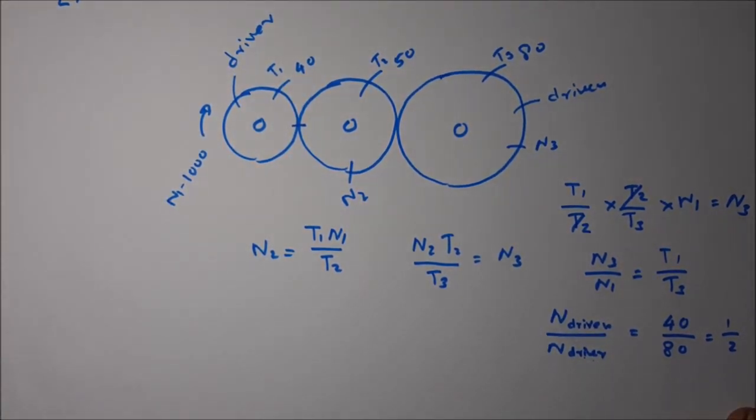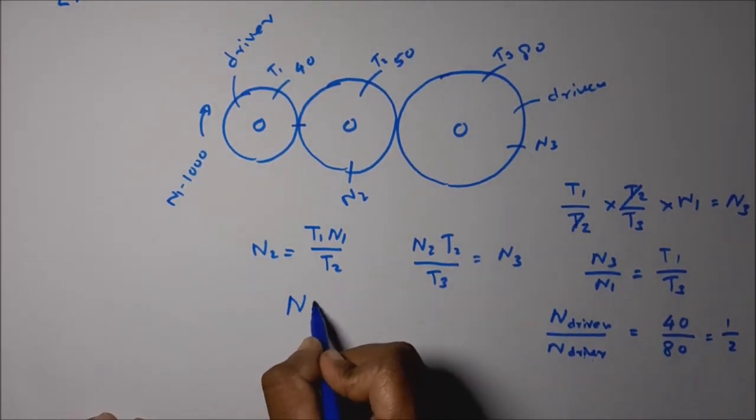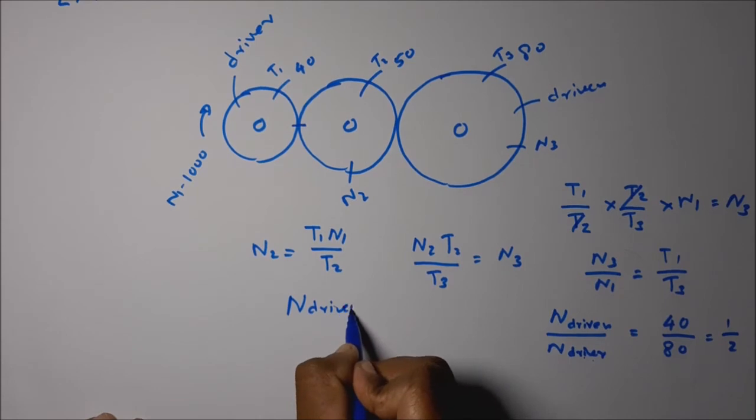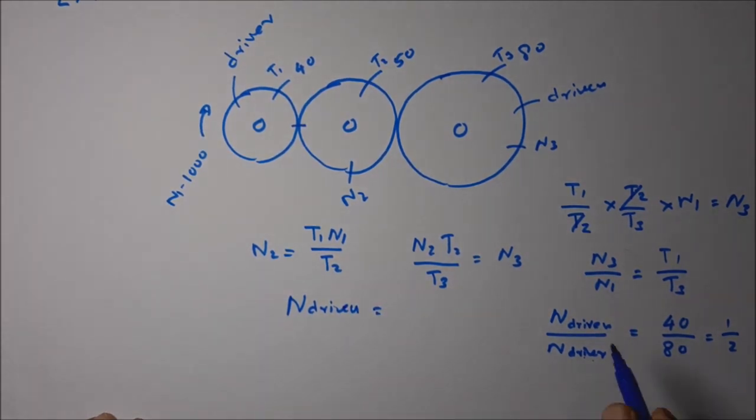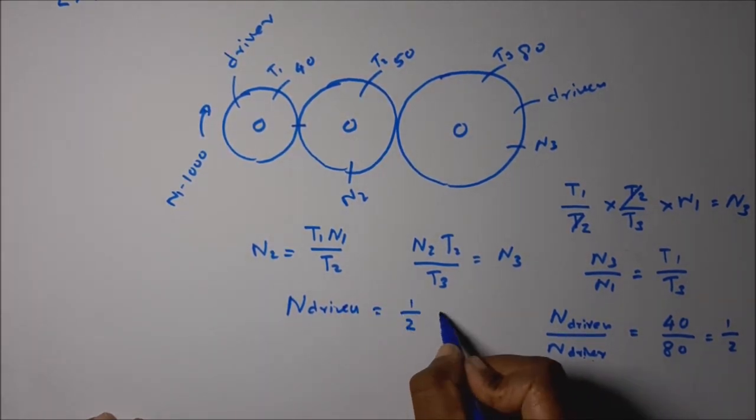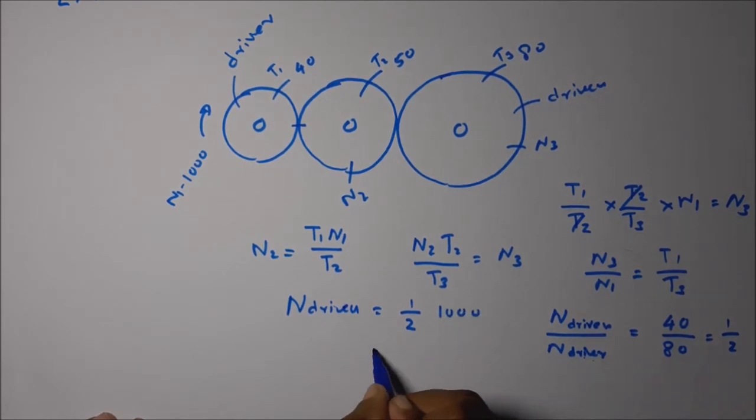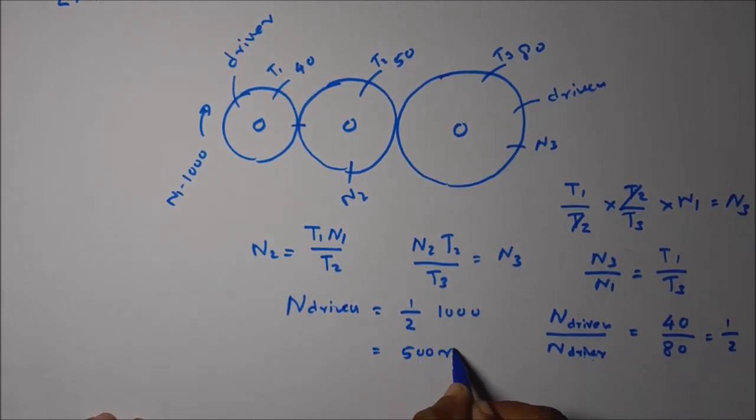Then the problem is also asking for rotational speed. If the driver speed is 1000, the driven is half into 1000, which is 500 RPM. Keep that in mind.